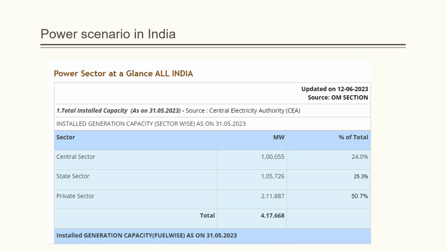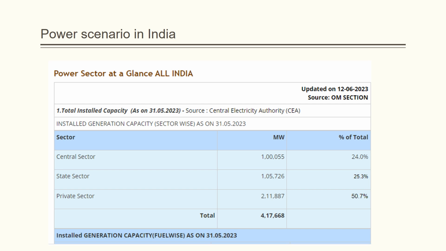Power scenario in India. So, power scenario at a glance, all India. This data is updated on 12th of June 2023.